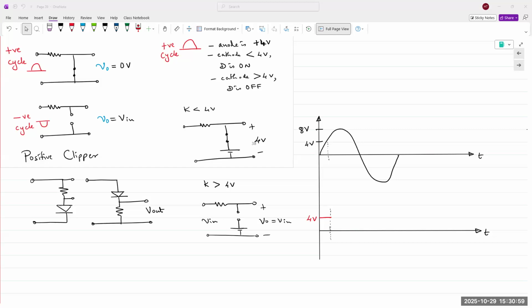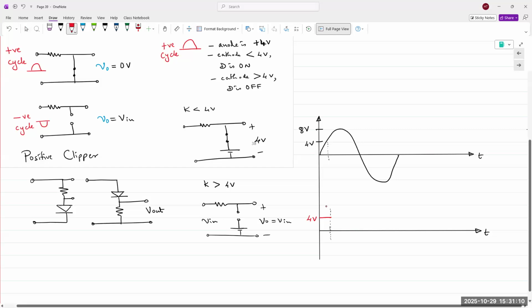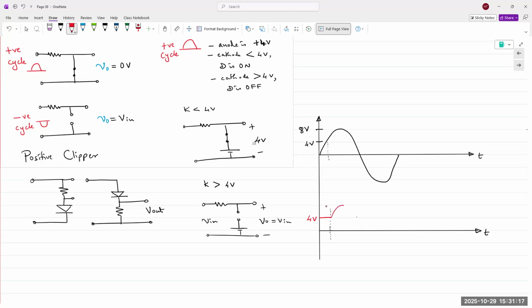Okay. All right. What happens after that? Then diode turns off. Then V out simply follows V in. So I want to say, let's see, up to here.